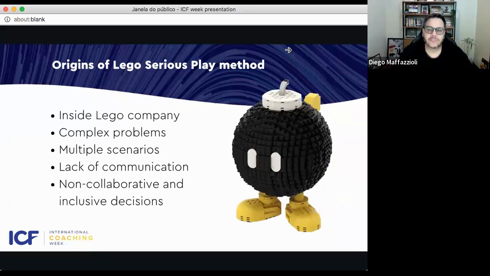The origin of the Lego Serious Play method, obviously, was inside the Lego company in the middle of the 1990s, okay? In that period, video games were arising, and Lego started to see sales falling down very quickly, okay? And they started to think how they could create different strategies to solve that problem.